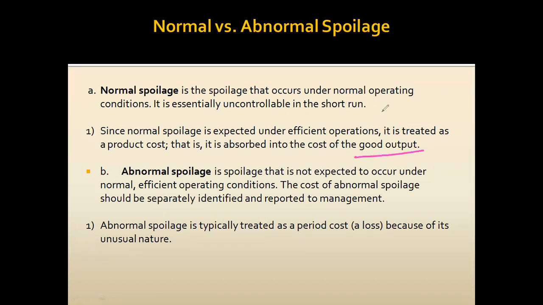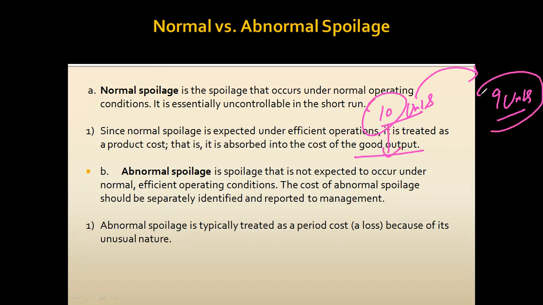Say you put 10 units into the production process. Out of these 10 units, 9 units you got as good ones. So the cost of the one spoiled unit will be allocated to the rest of the 9 units. So like that it works out.